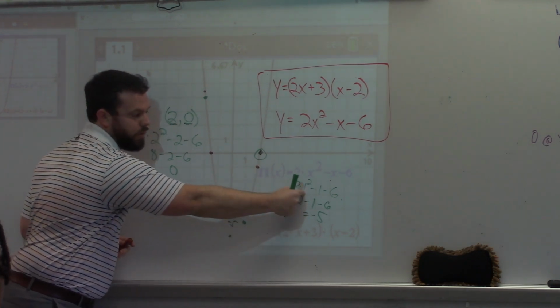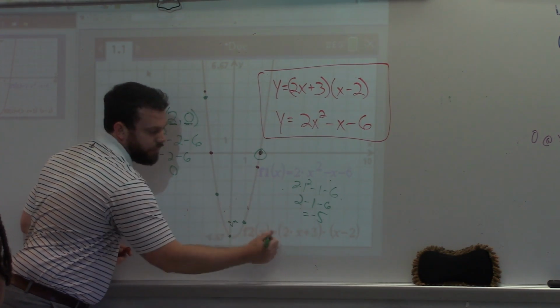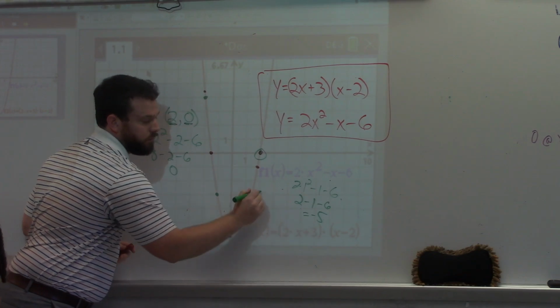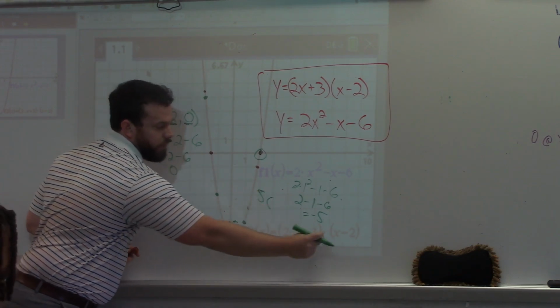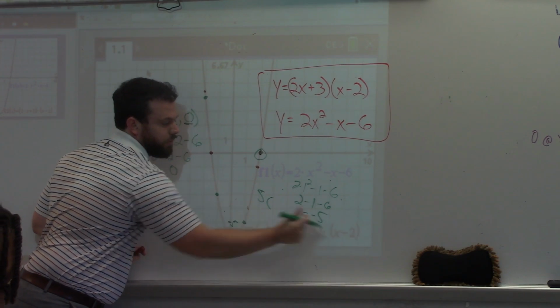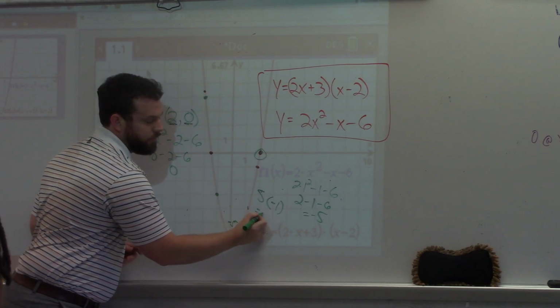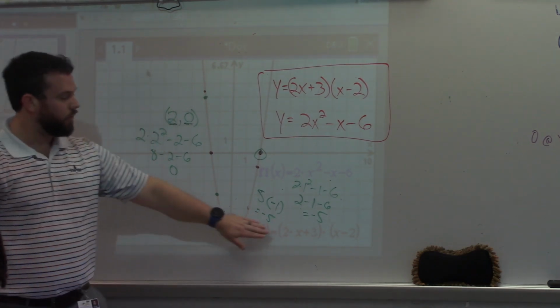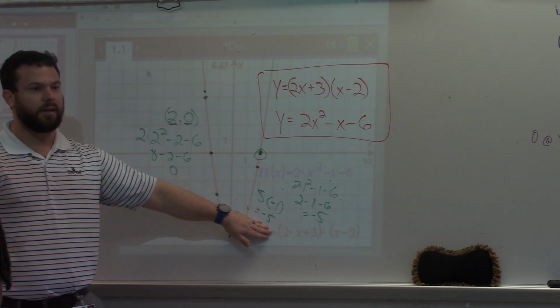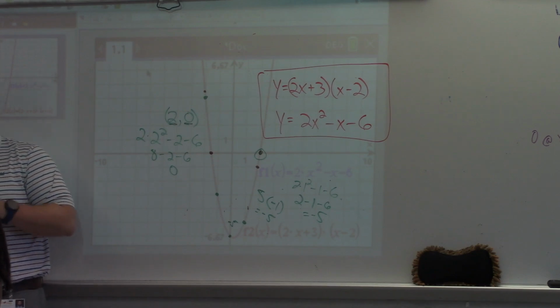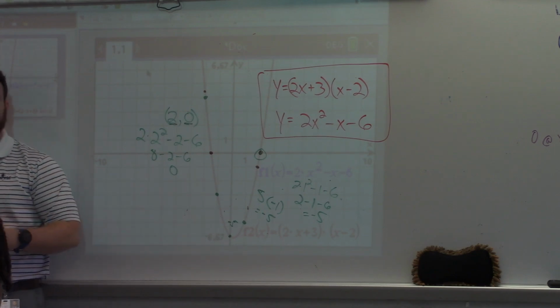This input of 1 has an output of negative 5. 2 times 1 is 2. What's 2 plus 3? 5. What's 1 minus 2? And what's 5 times negative 1? So notice how that input of 1 also gave me an output of negative 5. The same input mapped to the same output. So it's about substituting inputs in and getting outputs out.